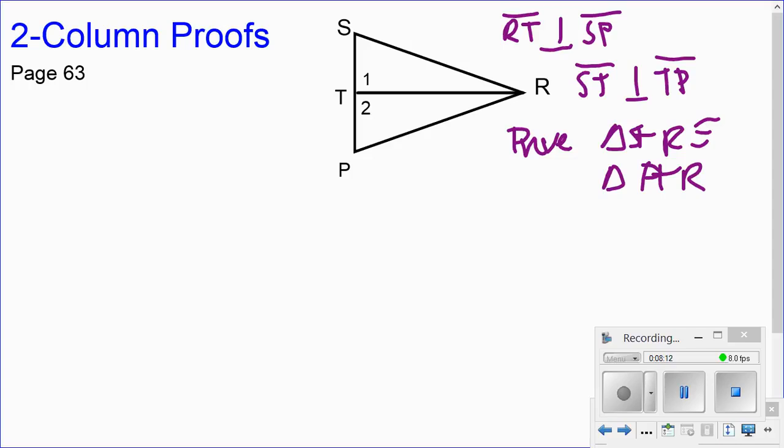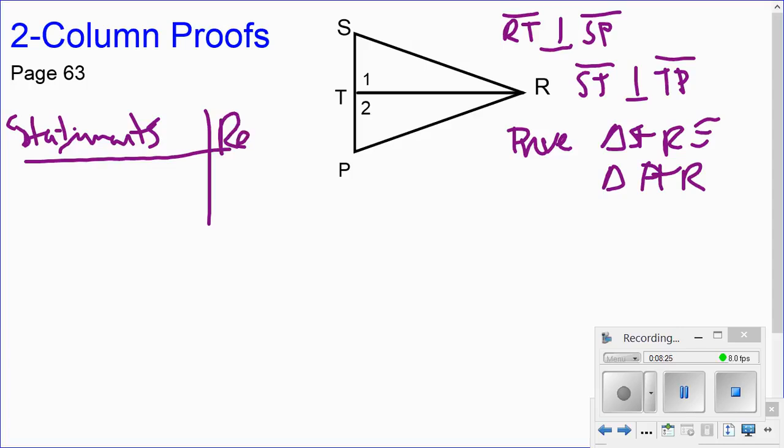Okay, so let's first write our statements column and our reasons.